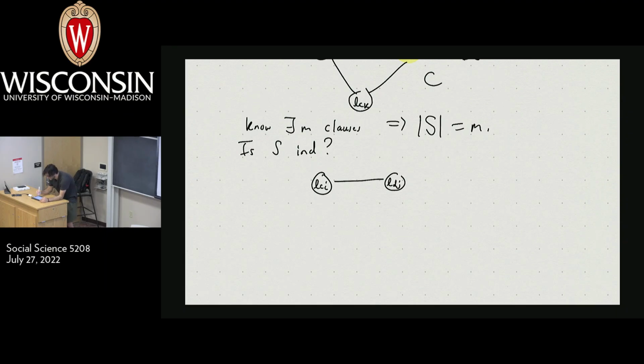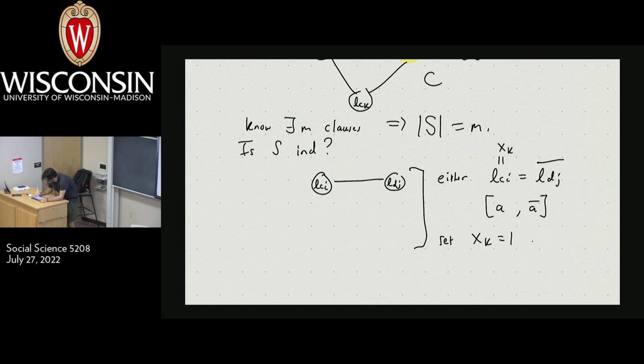So there's 2 ways this could happen, right? So either L_C,i is the same as L_D,j, but the complement. So this is the case where you have like A and A bar. So if that was true, that means we must have set the variable, so let's say this one's the variable, it's some xk. So we set xk equal to 1, and we set xk equal to 0.